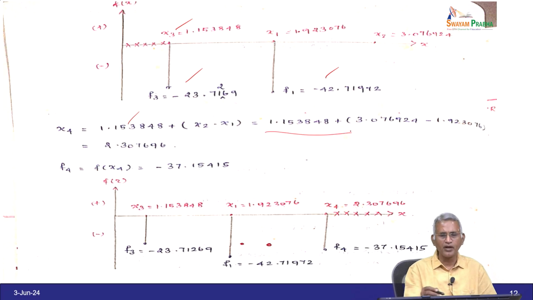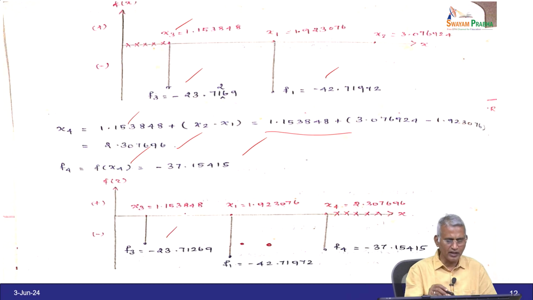So, we have 1.1538 plus 3.0769 minus 1.923, so that 2.307696 will come. So, you got x4 now. Substitute in the given function, f of x4 you find out is minus 37.15415.